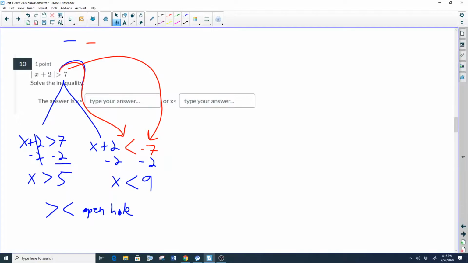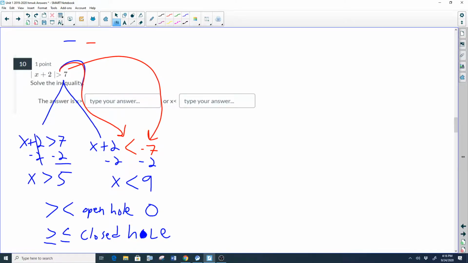Greater than or equal to, less than or equal to, is the closed hole, and with the closed hole, then you would fill it in. Cool. Just important when you're doing graphing. I don't think you have to do number line graphing, maybe on the test.